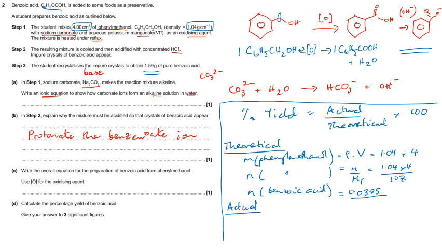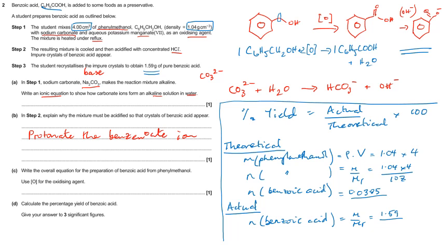So moles of benzoic acid is 0.0385, whereas what we actually made is 1.59 grams of benzoic acid. So we can work out moles of our benzoic acid actual, using mass over Mr again, but this time the mass that we actually made is given as 1.59.